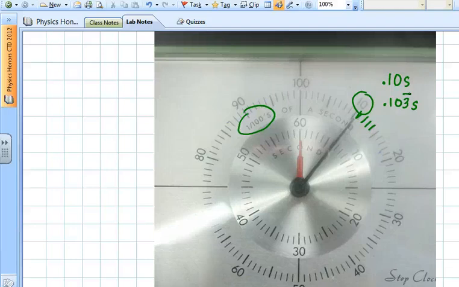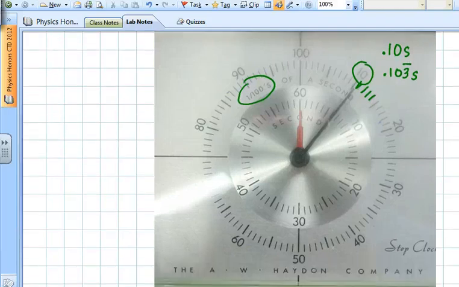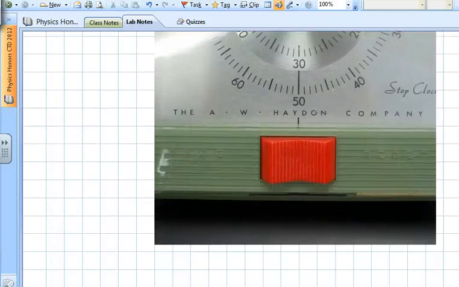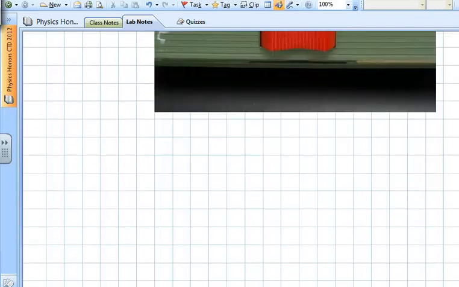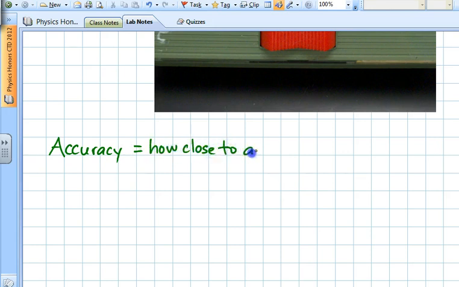So now let's talk a little bit about accuracy and precision. Accuracy could be thought of as how close we are to an accepted value.